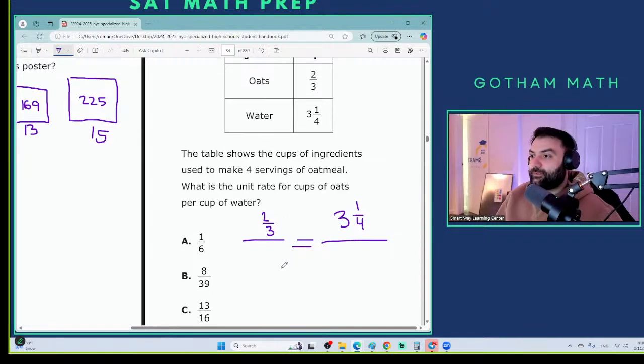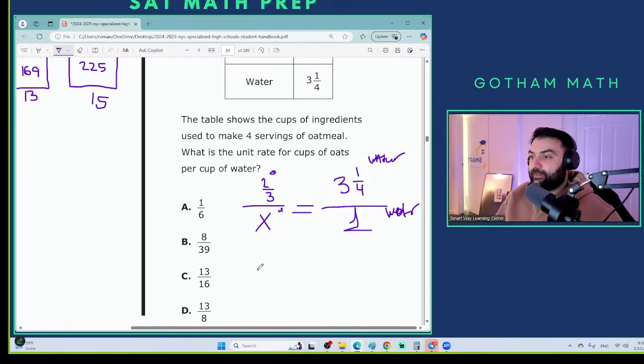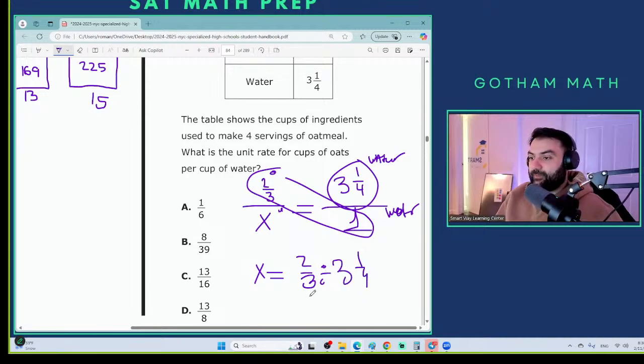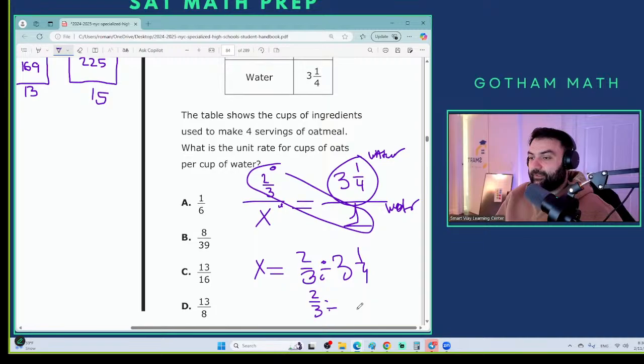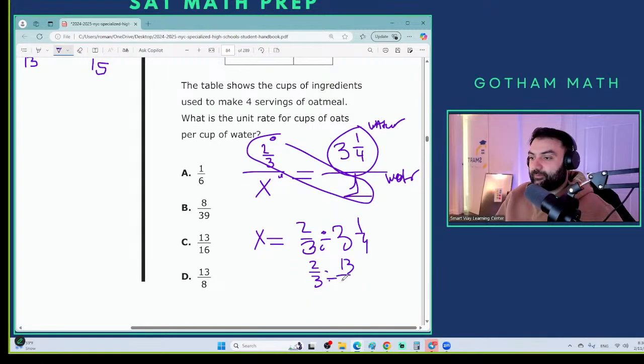Cups of oats will be X per 1 cup of water. How do we solve this? 2/3 times 1 divided by 3 1/4. 2/3 divided by 3 1/4 is the same as 2/3 divided by 13/4.